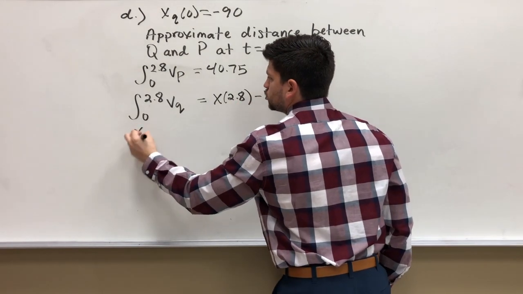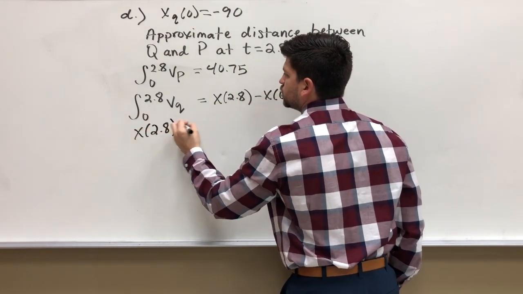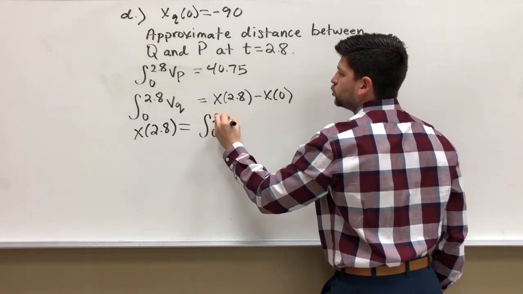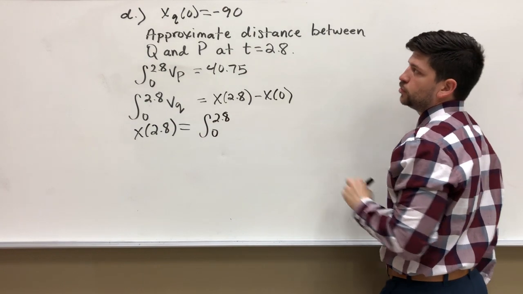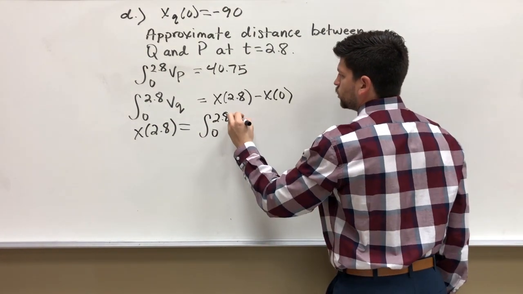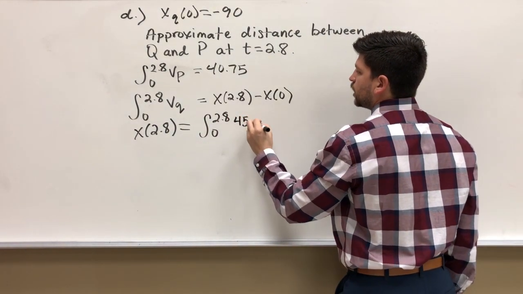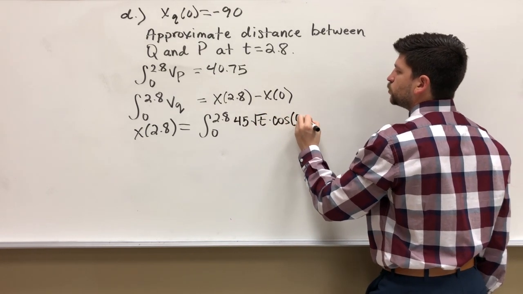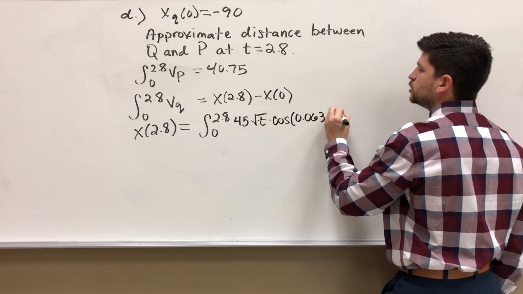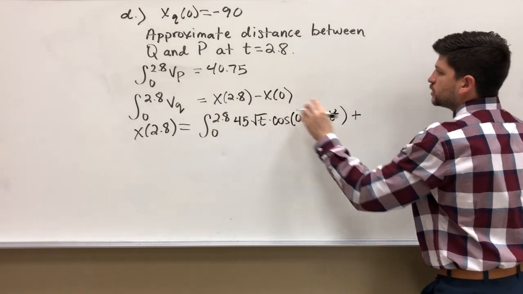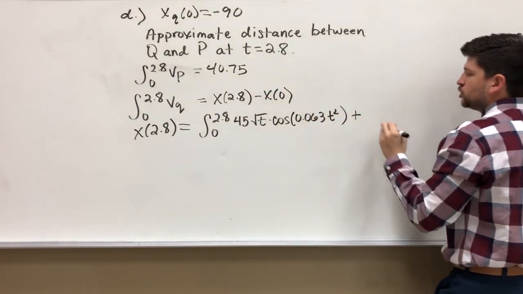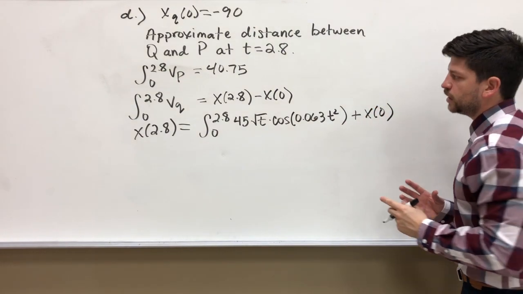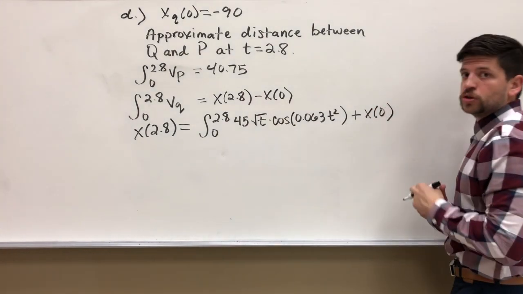So the position at 2.8 is just going to be the integral from 0 to 2.8 of my velocity of Q, which we know from earlier is 45 times the square root of t times cosine of 0.063 t squared, plus my initial position.